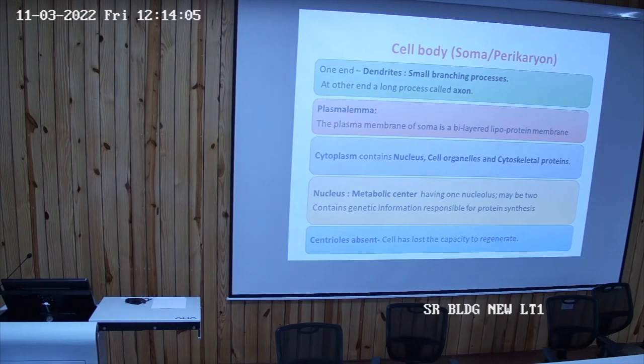So it is also called the metabolic center. The nucleus usually has one nucleolus, maybe more than one, and contains the genetic information. Obviously it is the DNA, and it is responsible for protein synthesis. We have discussed that the centrioles are absent here.